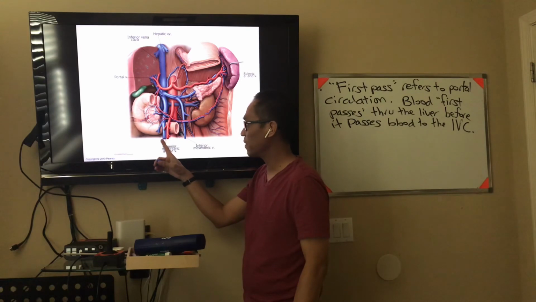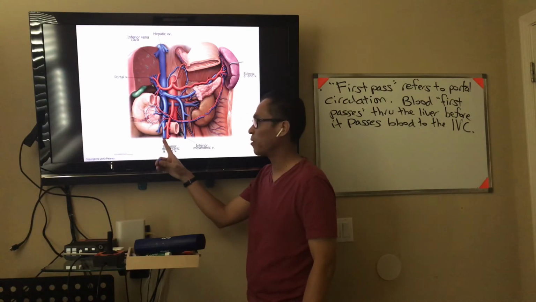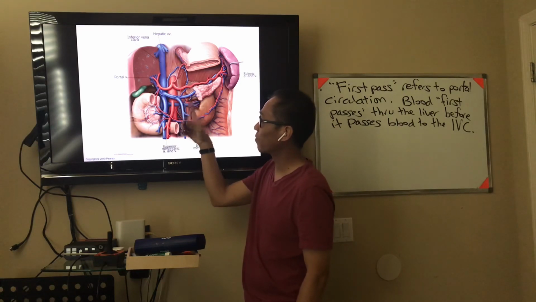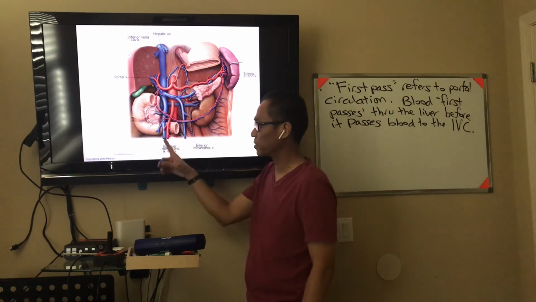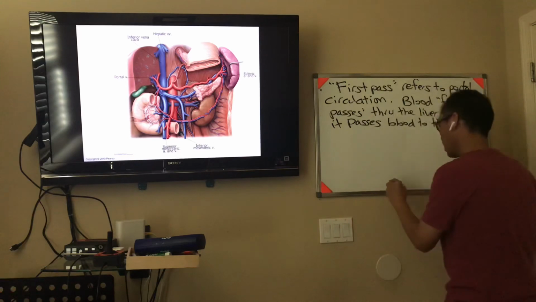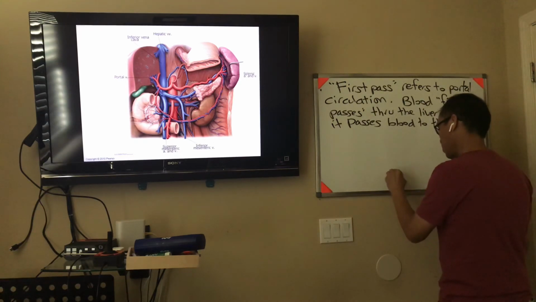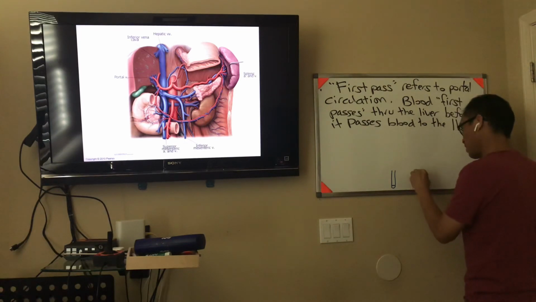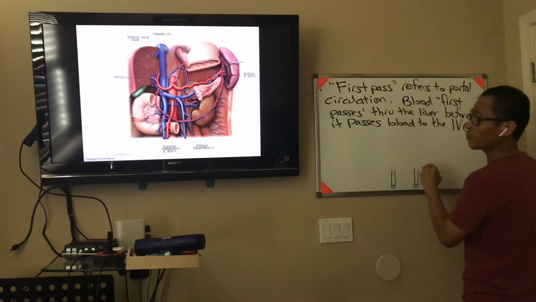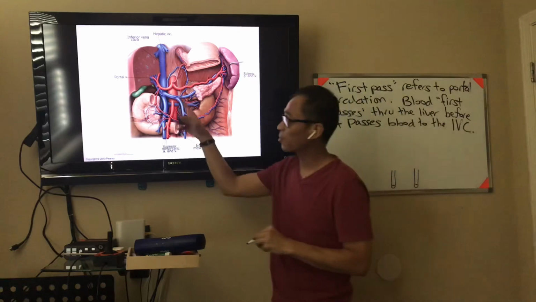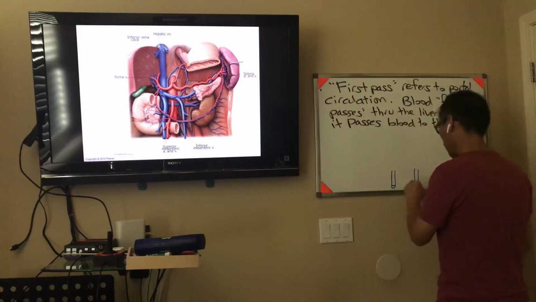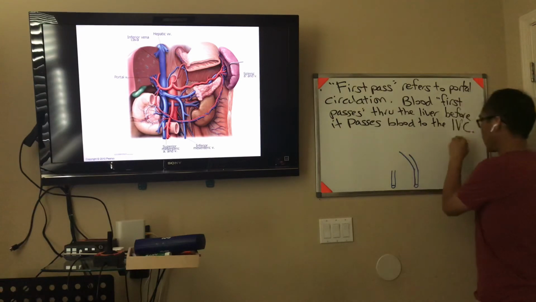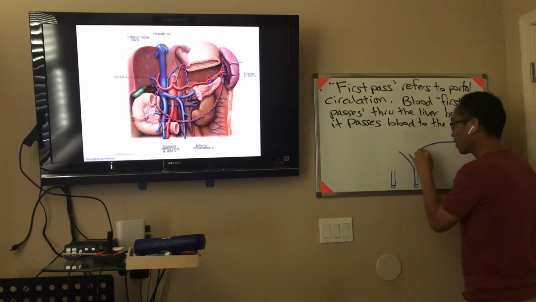That's its superior mesenteric vein. Here's inferior mesenteric vein. There's a splenic vein. They're all merging together here to go to portal vein. So let's start with superior mesenteric vein. Let's draw it right there. Here's inferior mesenteric vein. Draw it right there. Okay. Looks like they're going to merge right there. Here's splenic vein. Draw it out there.